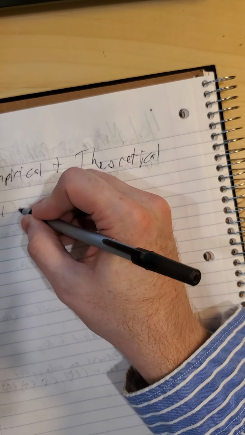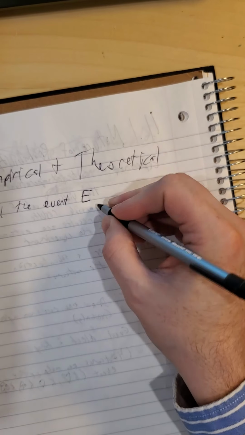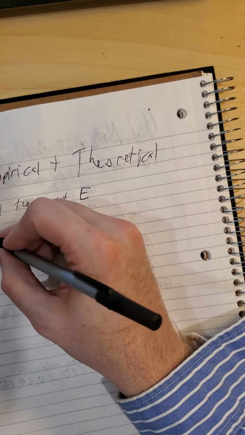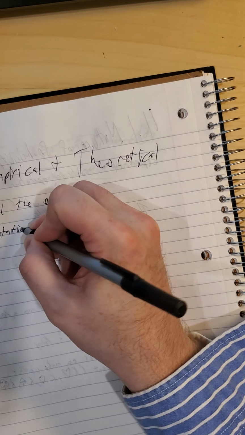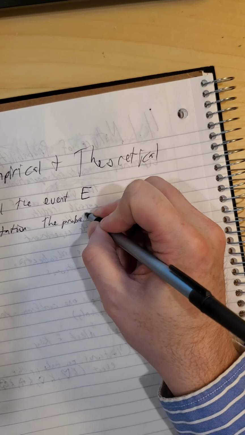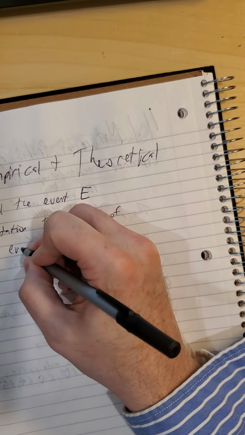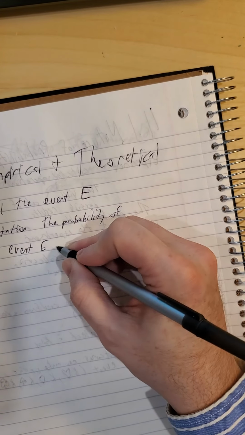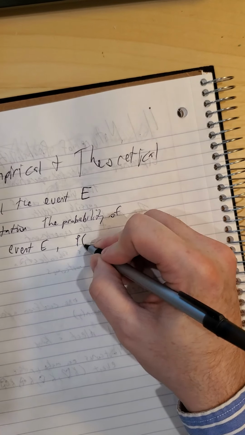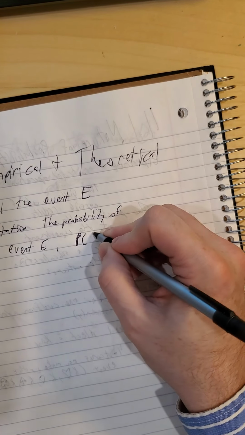We'll call the event capital E. Notation then, probability of event E would be denoted with a capital P, not a lowercase p, P of E.